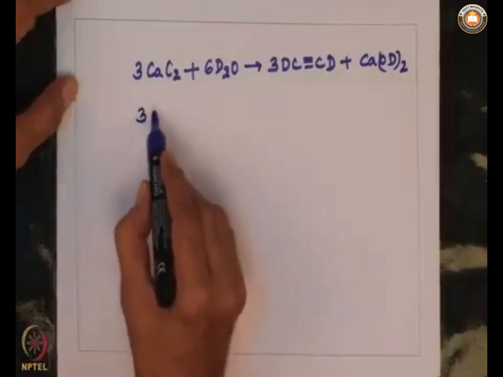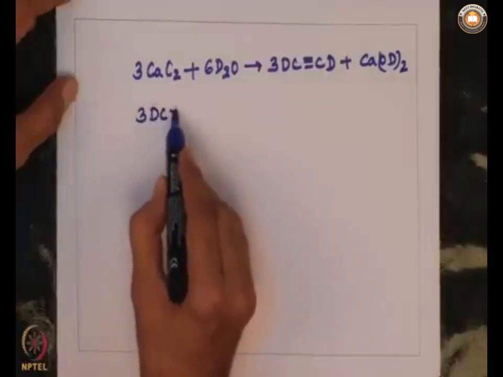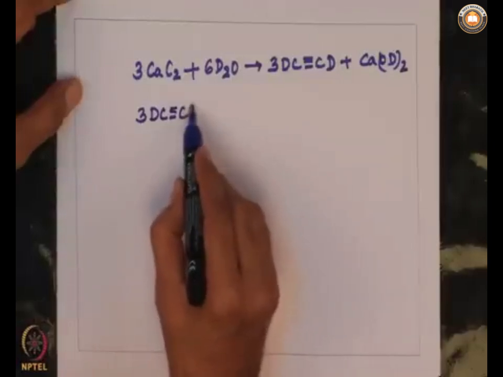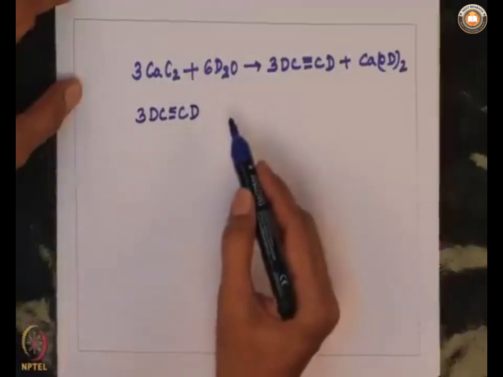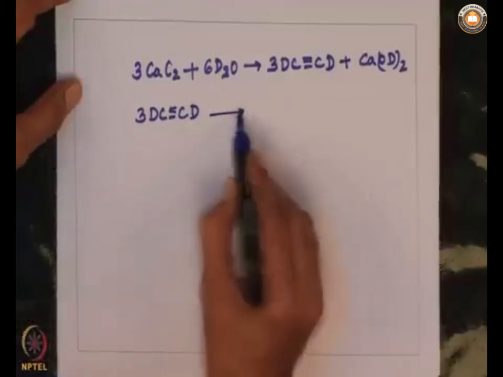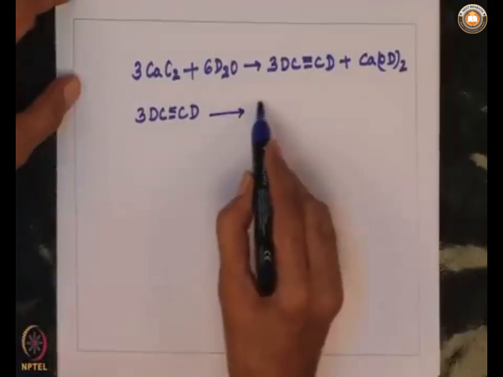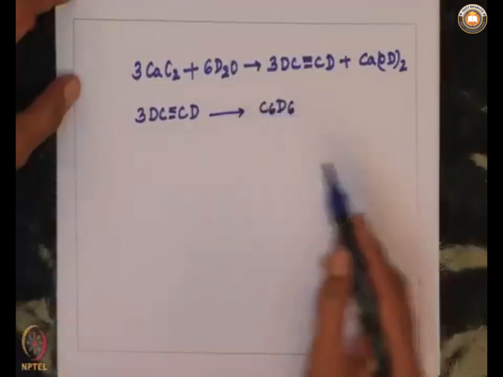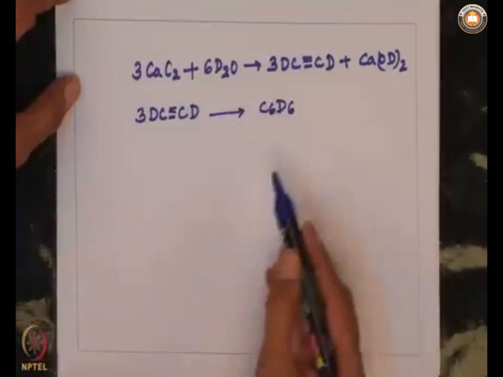When we subject deuterated acetylene to addition reaction or condensation at high temperature over copper catalyst, it forms benzene D6, using a catalyst.